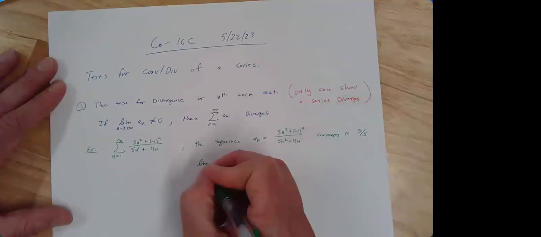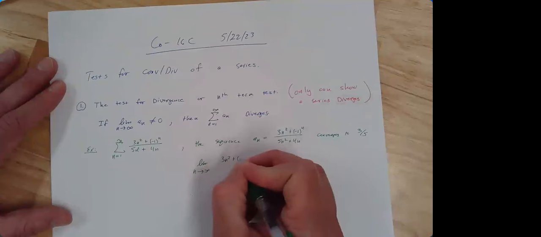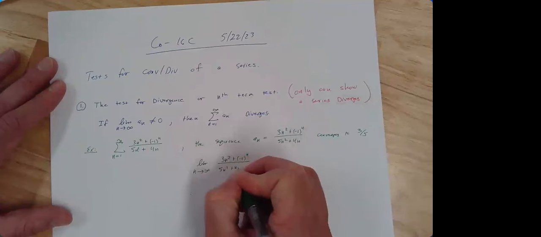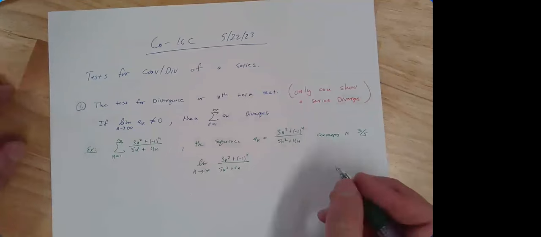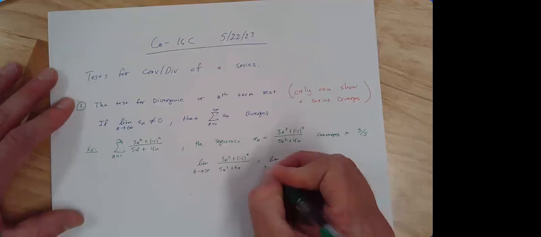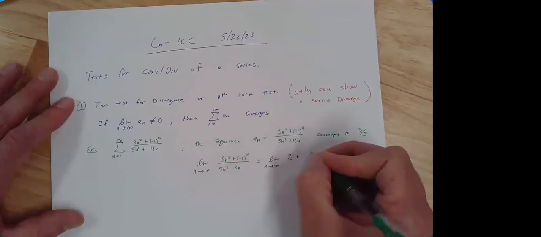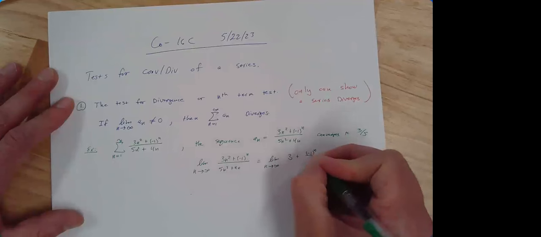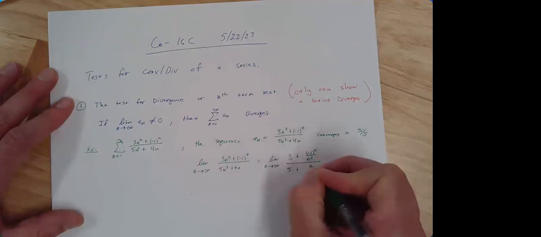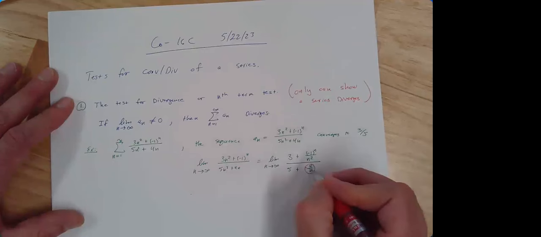The limit as n goes to infinity of that expression. If you divide everything by n squared, not that you need to show that, but if you do, you get (3 plus (-1)^n over n squared) over (5 plus 4 over n). 4 over n definitely goes to 0 as n goes to infinity.